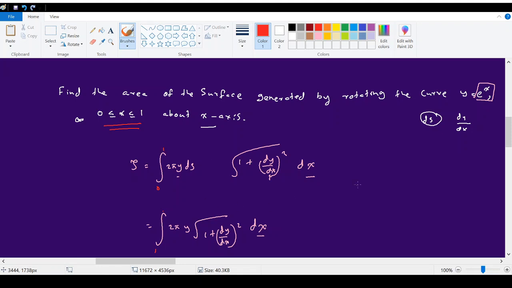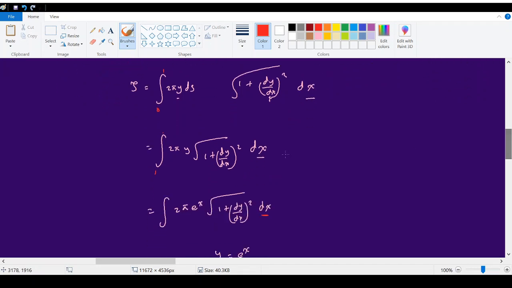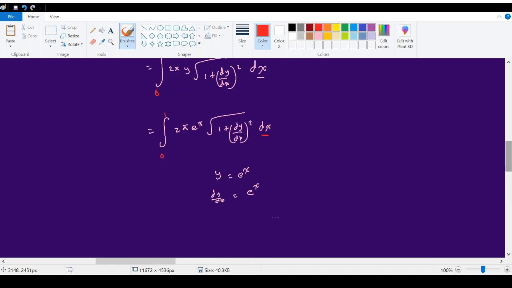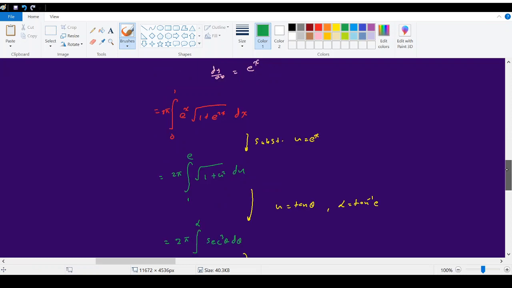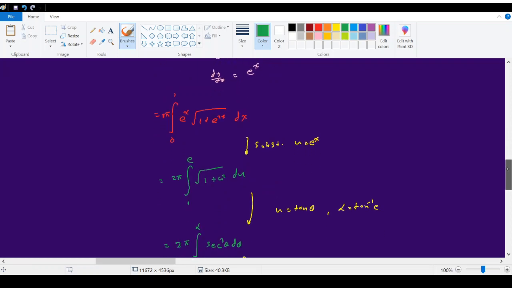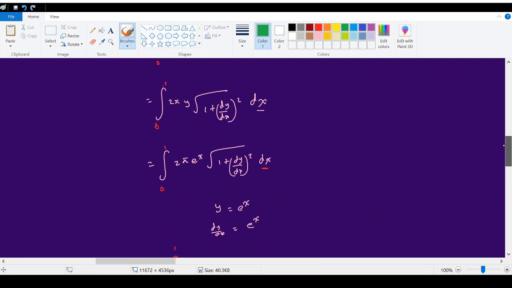Okay, so once you have all these things with your integral, it's just a matter of computing the integrals with the techniques that we have learned so far. So the integral will be like this, right?